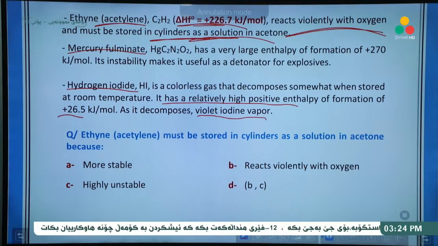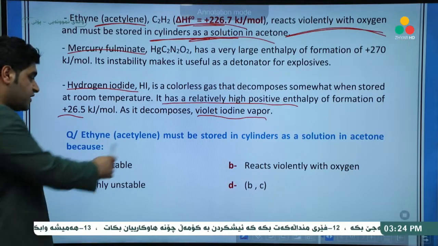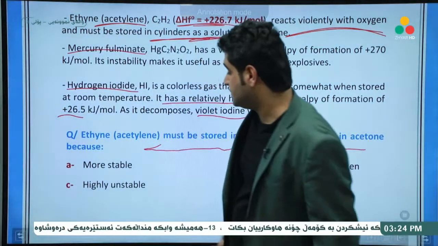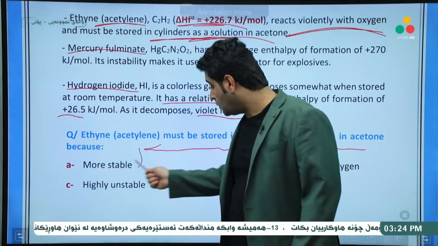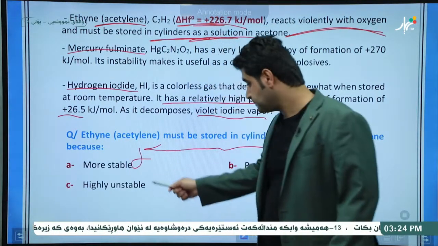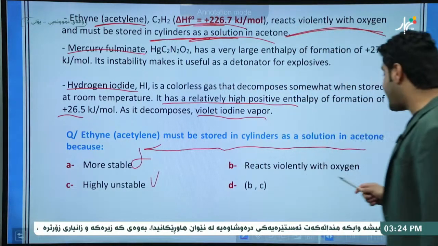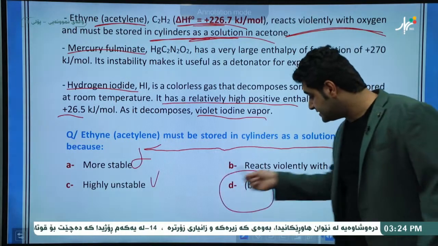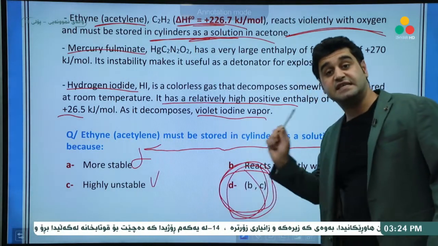That's why it's unstable and reactive. Acetylene must be stored in a cylinder as a solution in acetone. Why? Because it's more stable? No, it's more unstable, highly unstable. And it reacts violently with oxygen? Yes, that's also true. So the right answer is D.